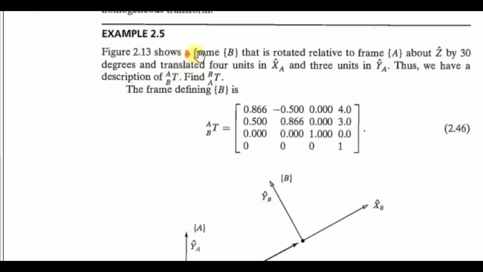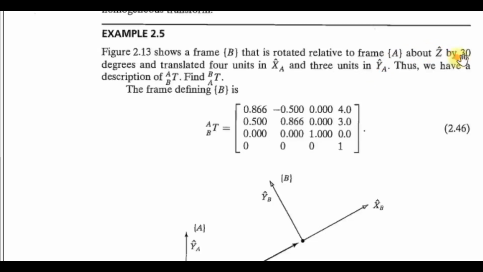So the frame B rotates relative to A about Z by 30 degrees and is translated 4 units in XA. So 4 units in XA I write here. Then 3 units in YA I just write here. And Z is not mentioned, that is Z is 0, I just write 0. So this portion is clear because this is the translation.